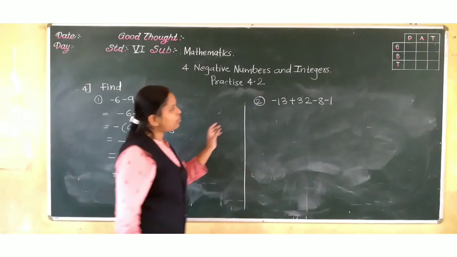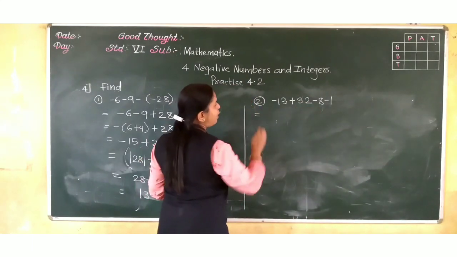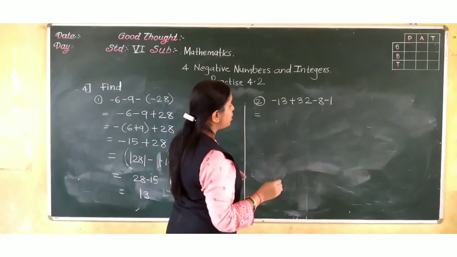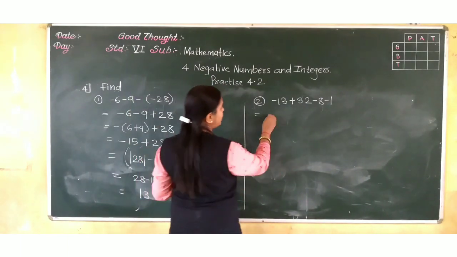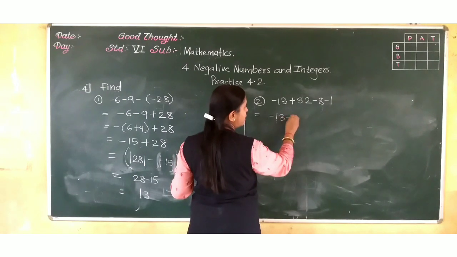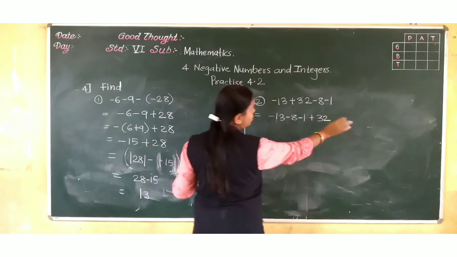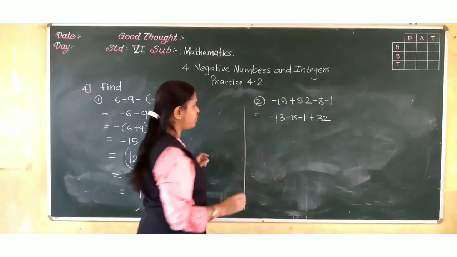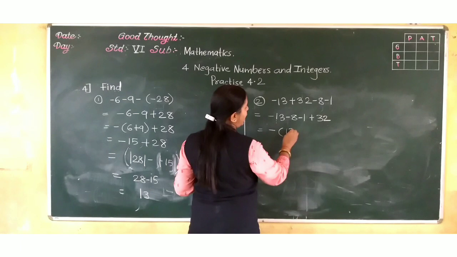Follow? Now next here. Here what we have to do? We have to take the integers which have same signs, take them together. That is minus 13, minus 8, minus 1 and plus 32. So now see here, minus sign take and 13.